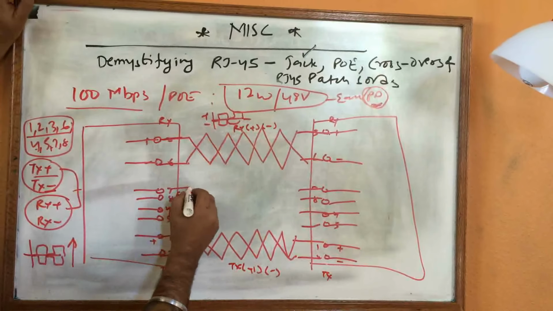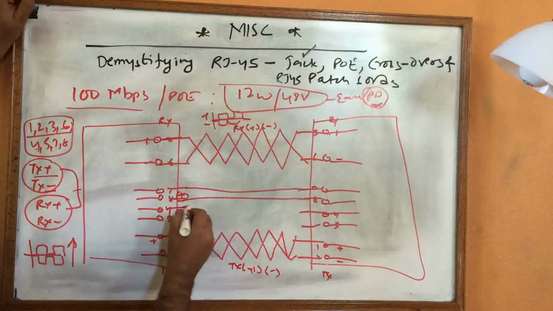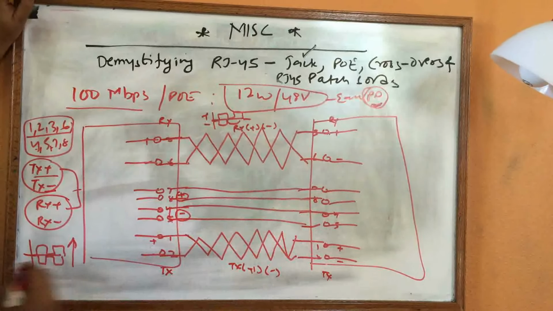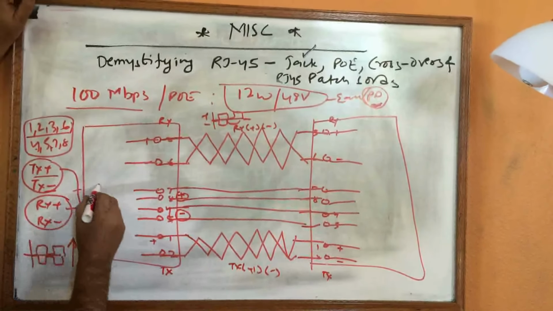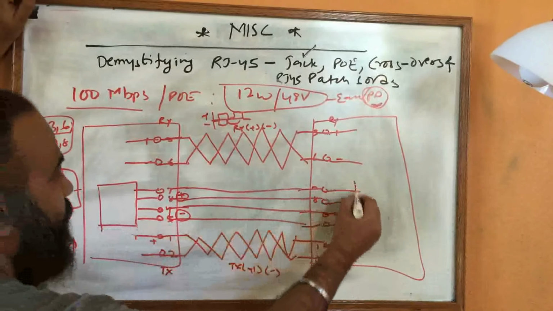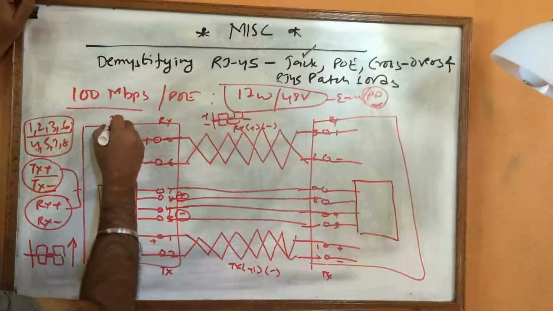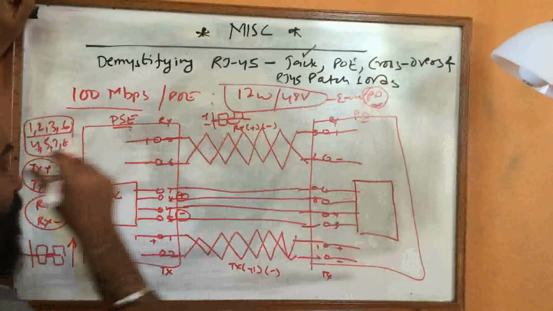What about this one? This doesn't happen. 7 goes to 7, 8 goes to 8, 4 goes to 4, 5 goes to 5. So what happens here is there is a DC supplier, if you call it PSE, power sourcing equipment, and this is the powered device.